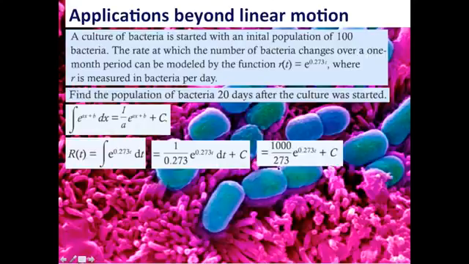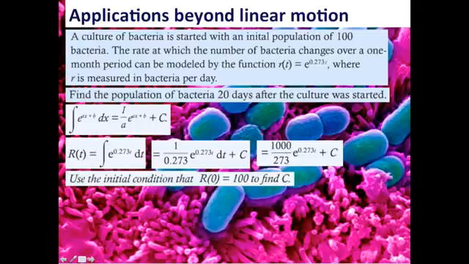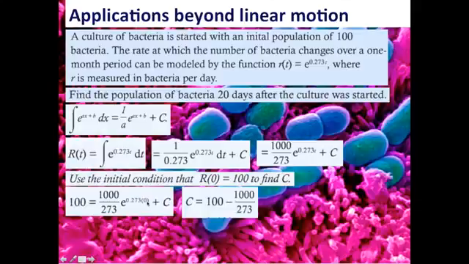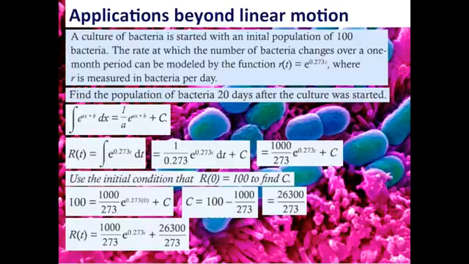That becomes this, 1000 over 273. And we know that the initial condition R(0) is 100. So if we substitute in for 100 when time equals 0, we can solve for C, which will give us 100 minus 1000 over 273, which we can simplify to that.